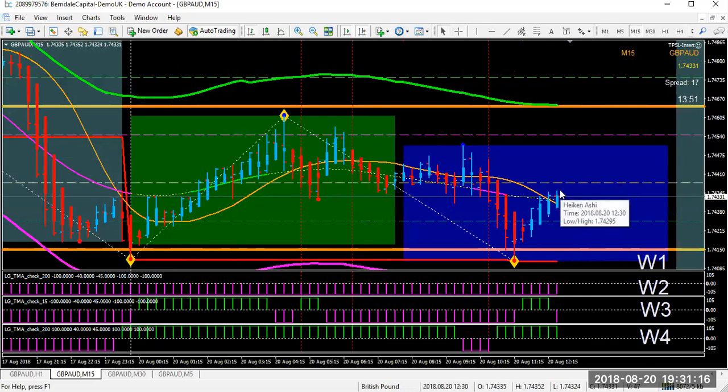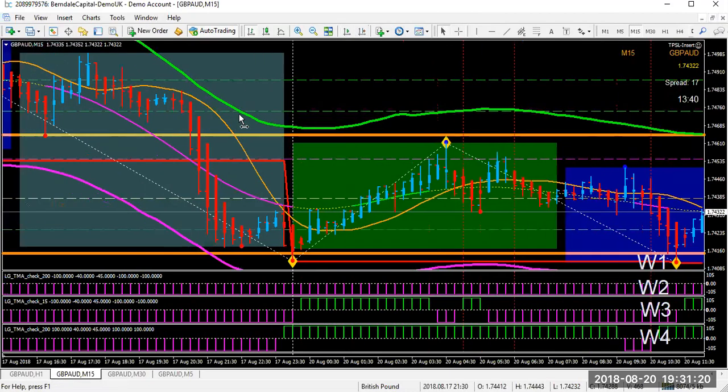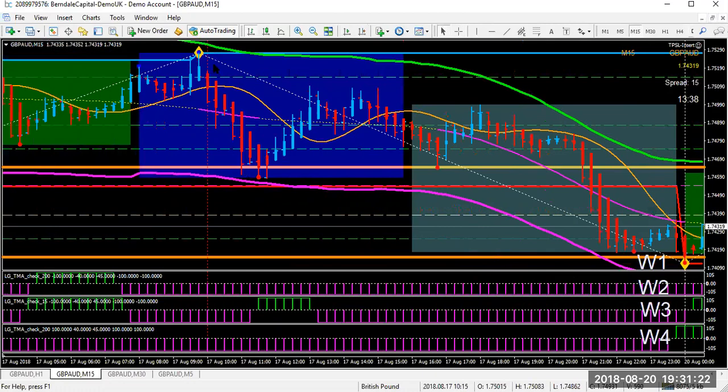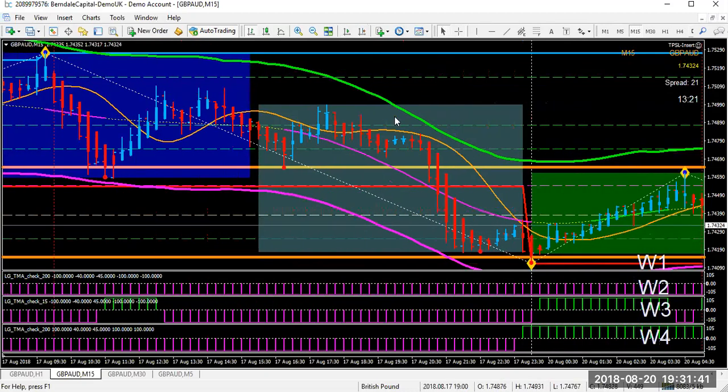You'll notice now that I've pointed out that when we've got confirmed vertical lines, they'll be aiming and going towards the opposite river. And if we've got a diamond with a white line joining it, it's time to exit the trade.